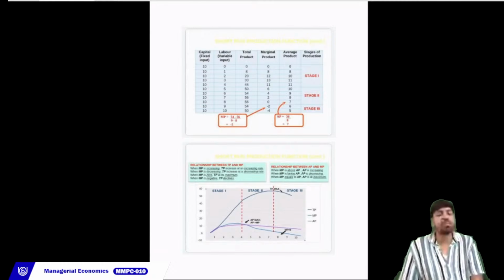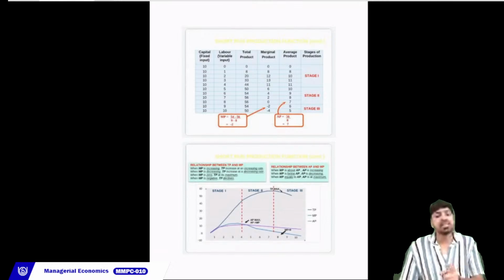I repeat once again, marginal product initially increases slowly, then decreases rapidly, becomes zero, and later becomes negative. That's called the shape of the marginal product, which is shown in the diagrammatic presentation.